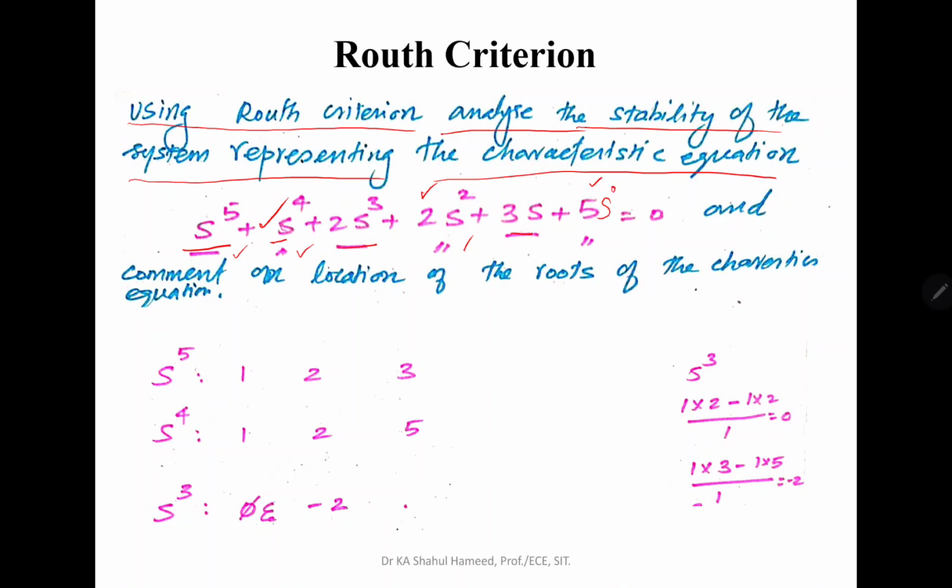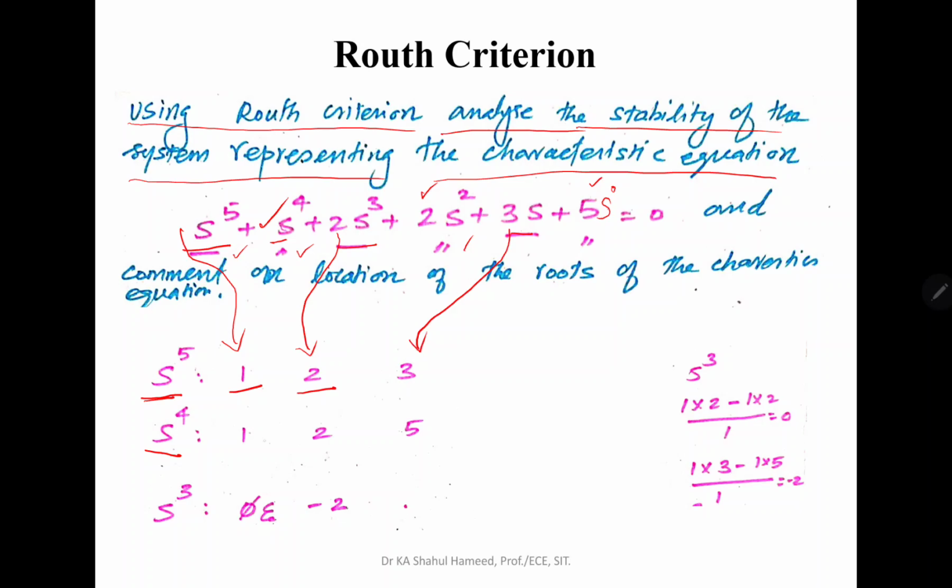Here in this particular problem, the highest power is s^5. I am starting with s^5, s^4. So I am writing the odd coefficients. This is the coefficient of s^5, 2 is the coefficient of s^3, and 3 is the coefficient of s^1.